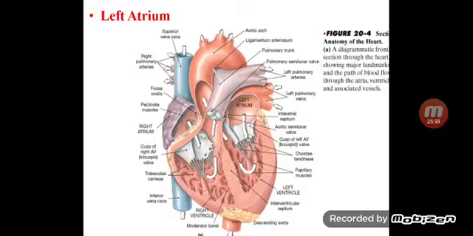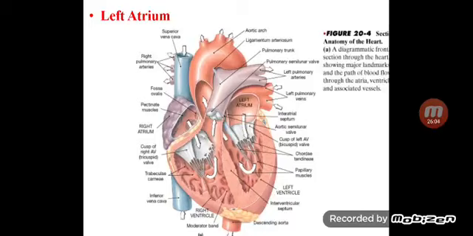Remember the right atrium is divided into a smooth part and a rough part, right? Here there is no rough part, only a smooth part. And it receives the four pulmonary veins, two on the left and two on the right side: two left pulmonary veins and two right pulmonary veins.